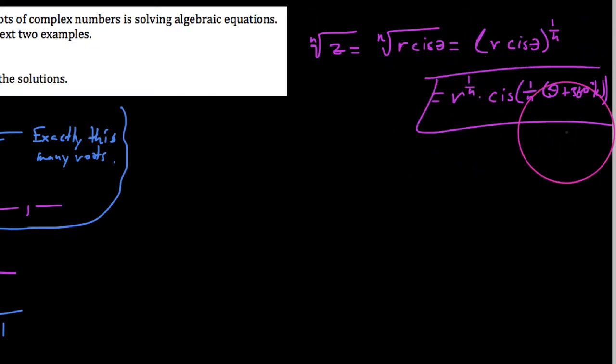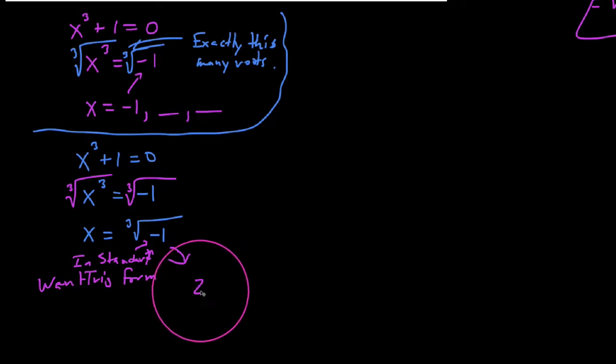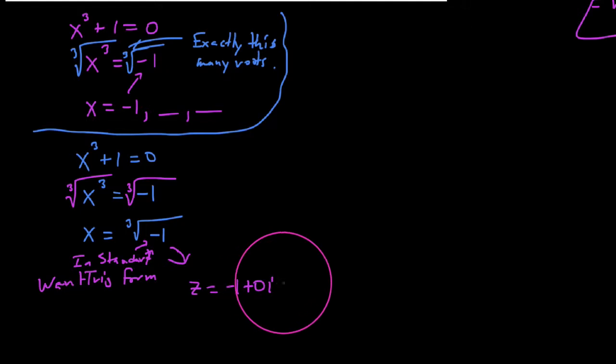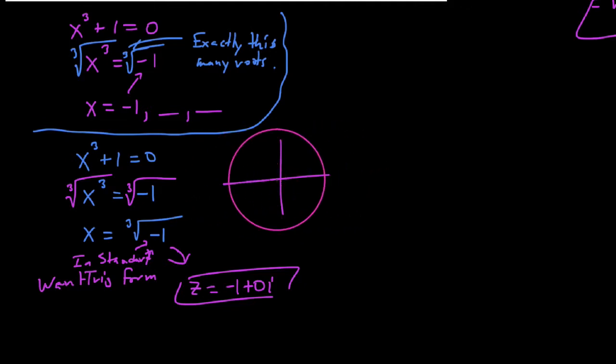Okay, so I want to interpret this as being in standard form right now, which is the complex number z. We say z equals -1 plus 0i. So if this is our number that we want to take the third root of, the first thing I'm going to do is graph this and ask what this would be in trig form.